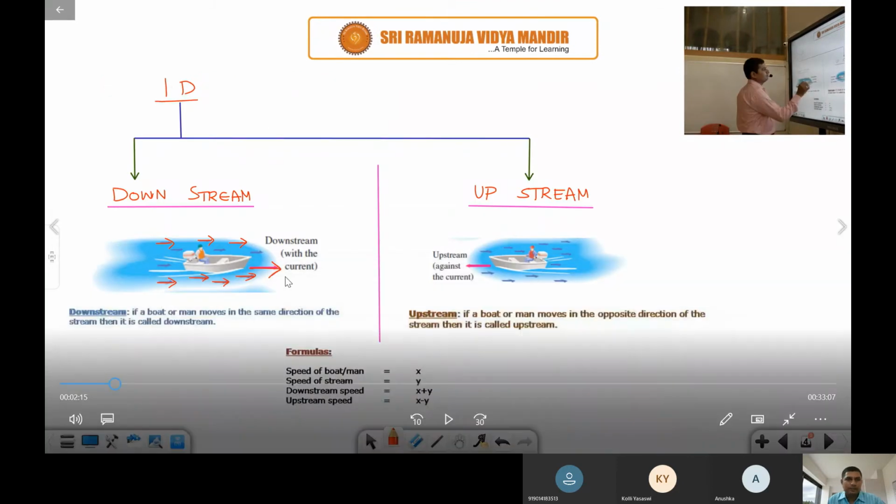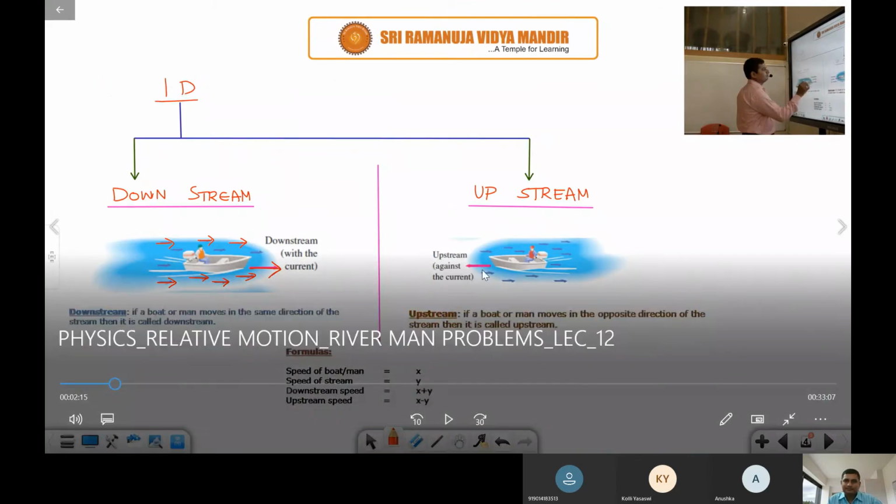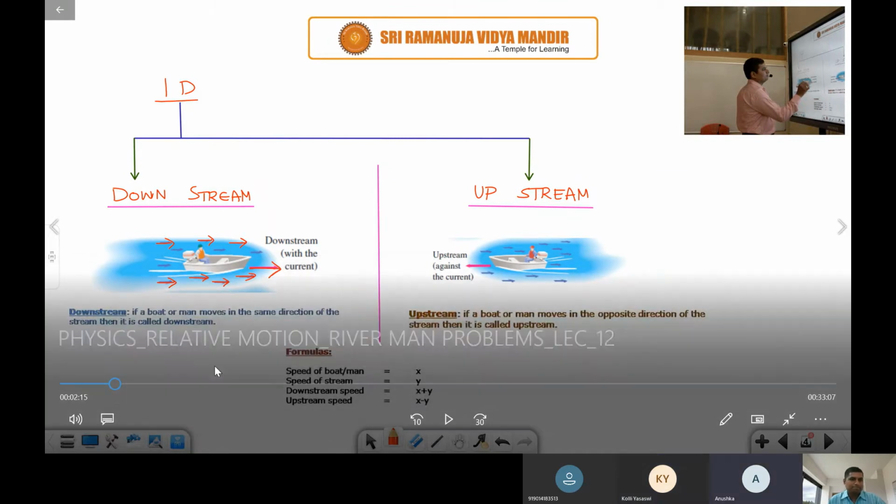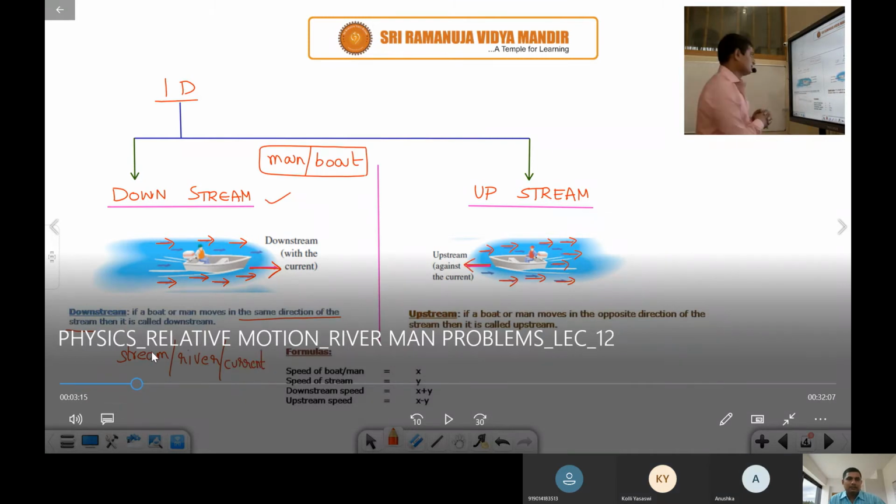What is meant by upstream? In the opposite direction of the river. Correct. And downstream means the same direction of the stream. In which direction will you go fast? Downstream. Correct.